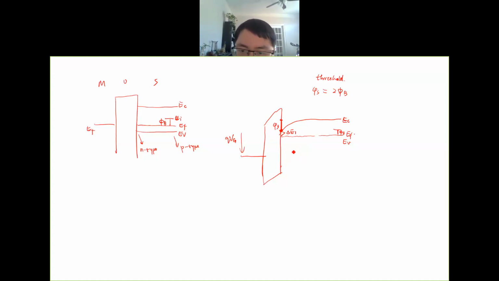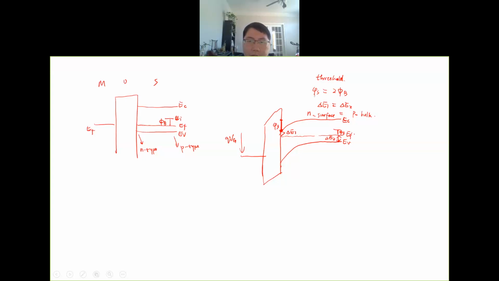So at the threshold condition, delta E1 also equals delta E2. In other words, this delta E1 will determine the electron density at the surface. Delta E2 here will determine the hole density in the bulk. So the threshold condition is defined when the surface electron density equals the hole density in the bulk. So you have this relation.